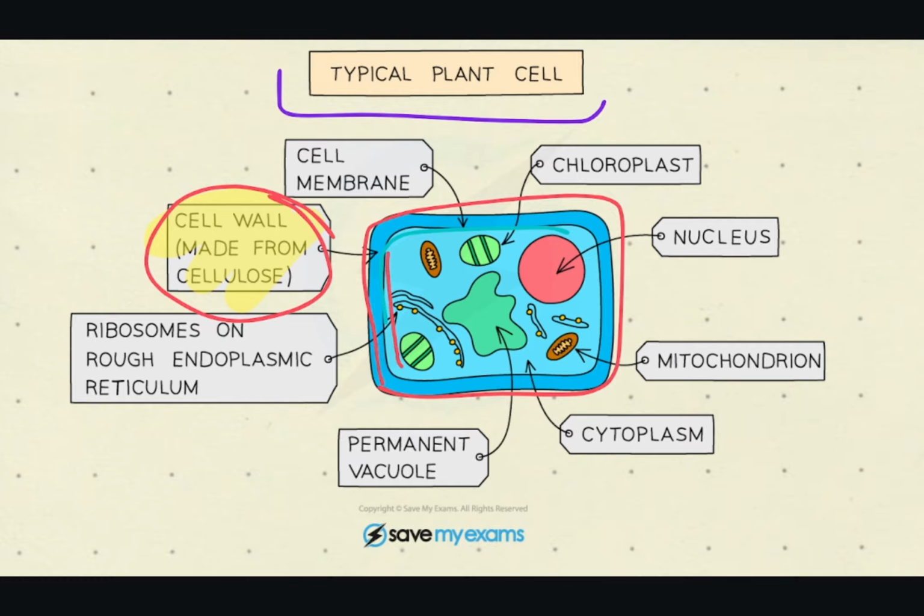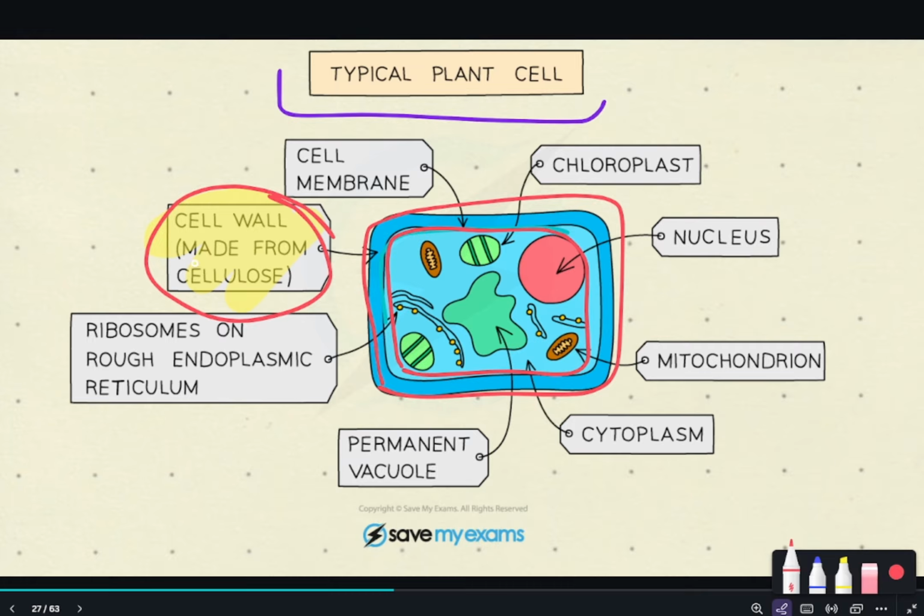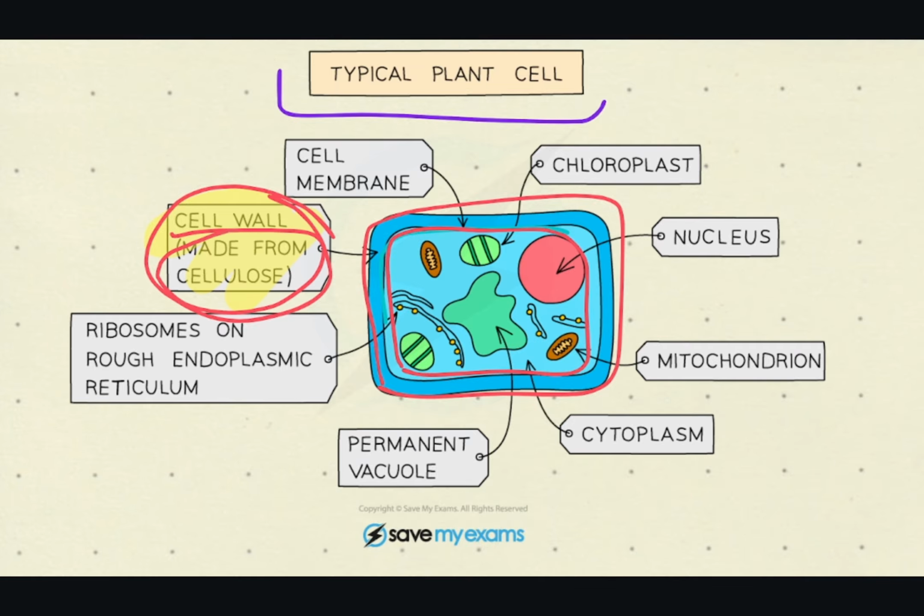The cell membrane is present in almost all the cells of all the kingdoms. But the key feature that organisms in the other kingdoms do not share is this cell wall, which is made up of cellulose. So this is unique to a plant cell.